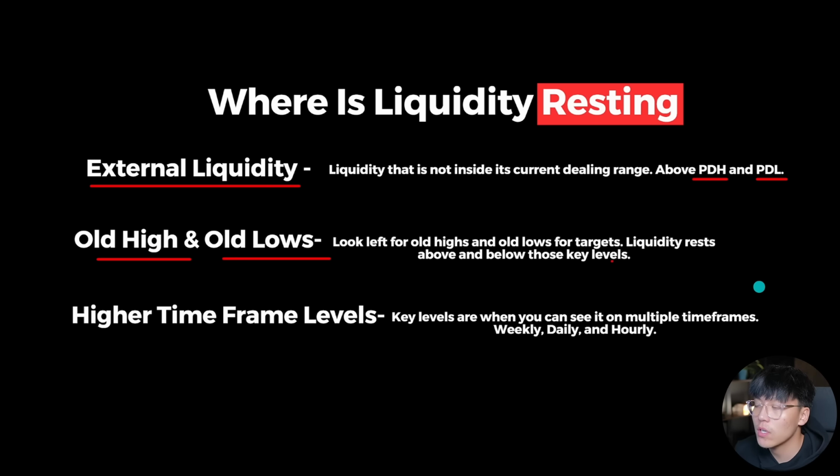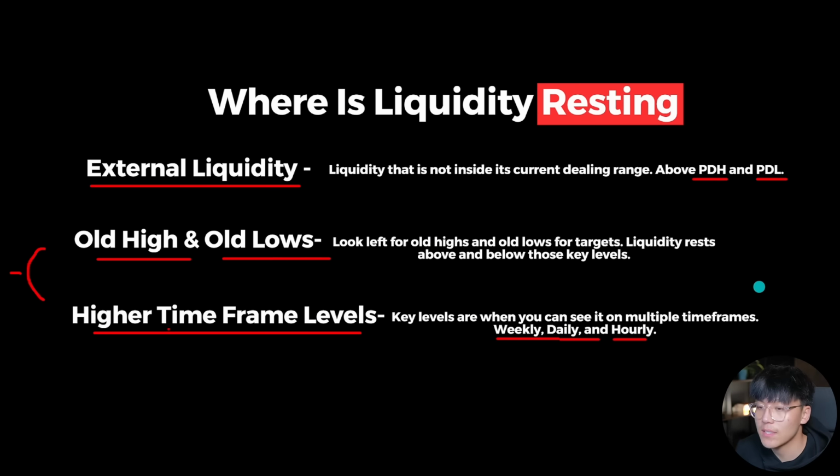If we're not looking at your previous day highs or lows, we're going to be looking left at the third one, which coincides with the second one, being higher time frame key levels. These are key levels I can see on multiple time frames: the weekly, the daily, the hourly. This also coincides with your old highs and old lows. So these are essentially the exact same thing: old highs, old lows, higher time frame levels.